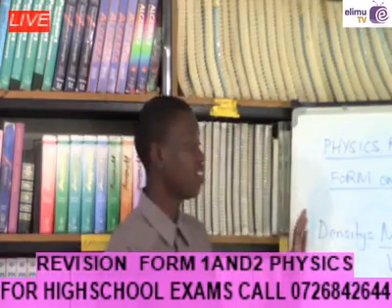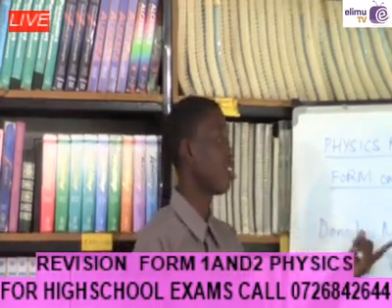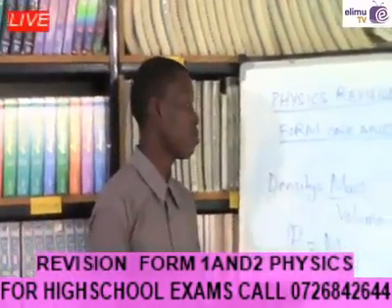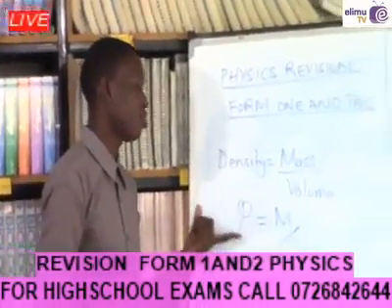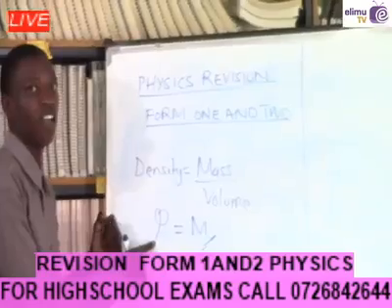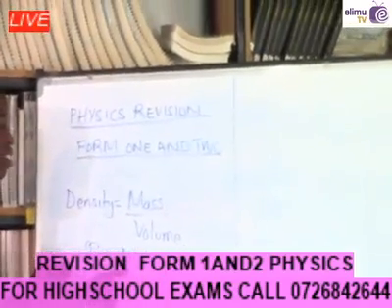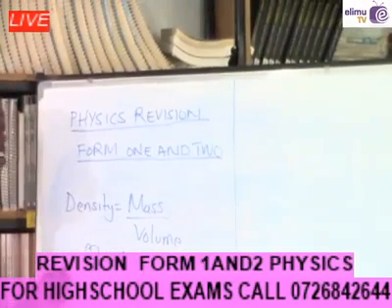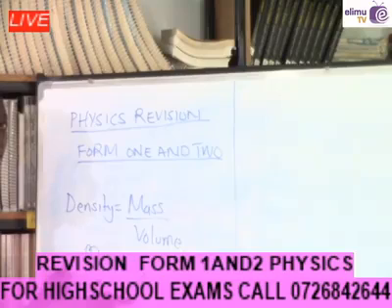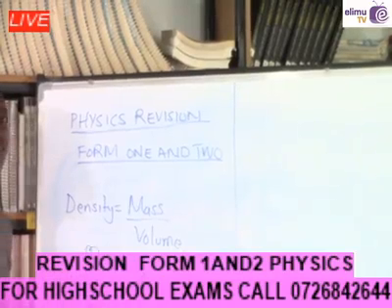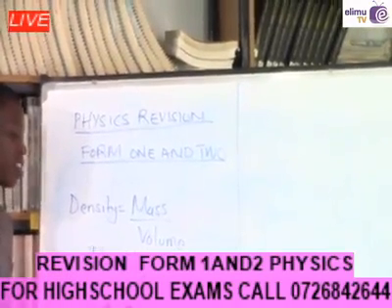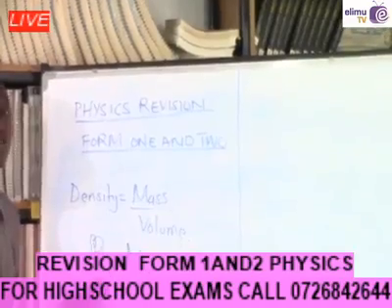So density can be found using the formula mass over volume, and through density, which is written using the sign rho, we take the SI unit of mass, which is kg, and divide it by the SI unit of volume, which is cubic meters. This gives us the SI unit of density.